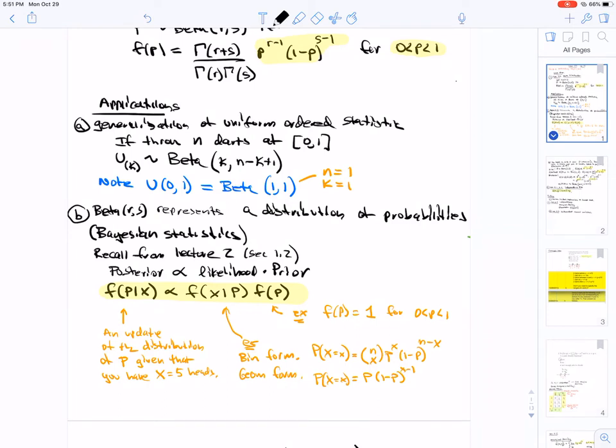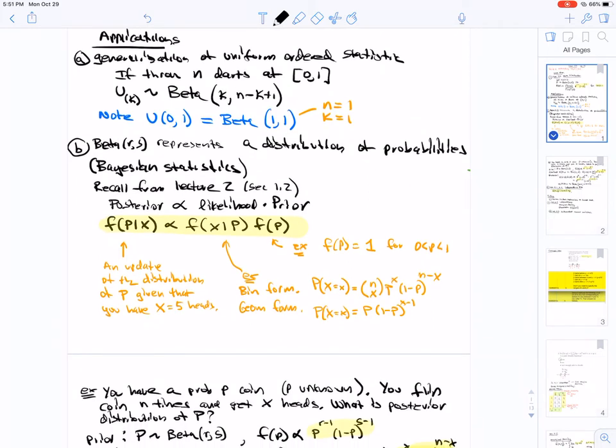We saw in lecture 2, right at the beginning of the course, that posterior is proportional to likelihood times prior. Here I've written this in density notation.